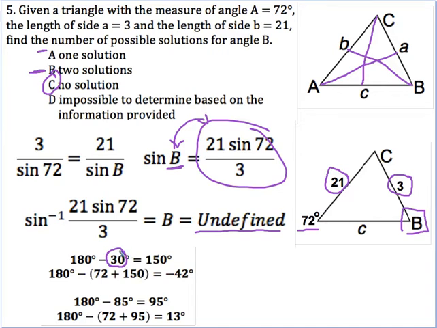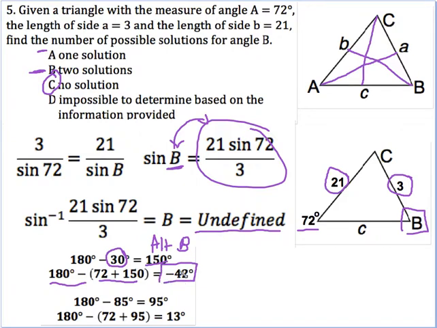So to see if I can possibly have another solution, I'm going to take 180 degrees minus the angle that I had found for angle B, which is 30, and I get an alternative angle for angle B of 150 degrees. Well, the only way this can be an alternative is if I add angle B and angle A together, subtract it from 180, and I would have to get a positive angle here.